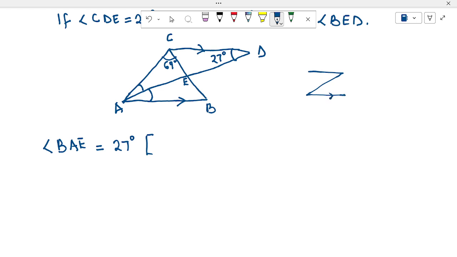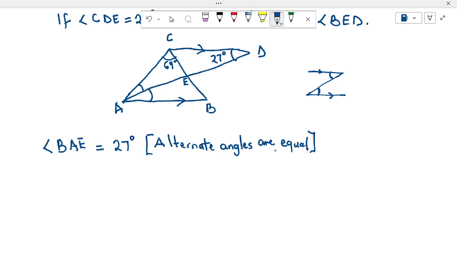If this line is parallel to this line, then this angle is the same as this angle. It's called alternate angles, and alternate angles are Z angles. So this angle is equal to 27. Reason: alternate angles are equal. That is the reason.